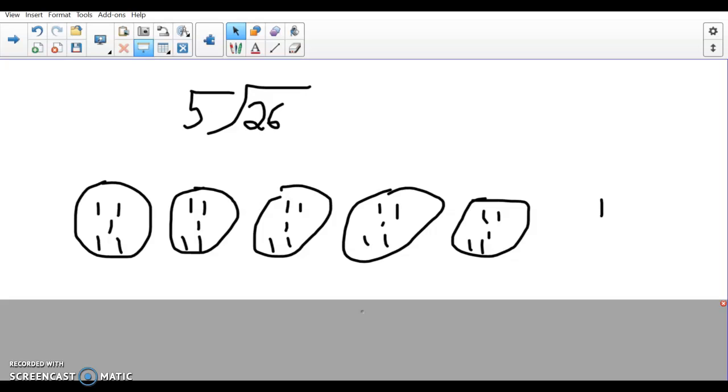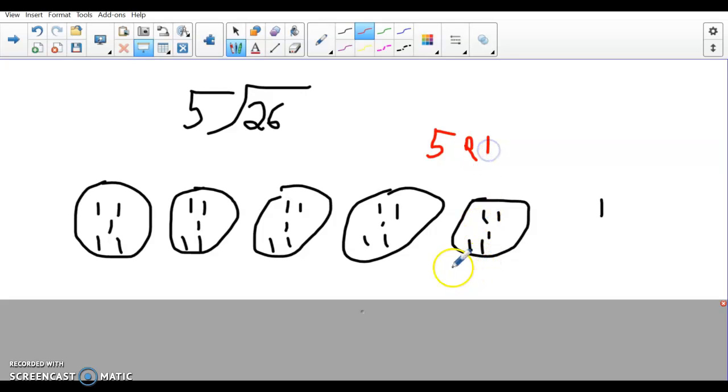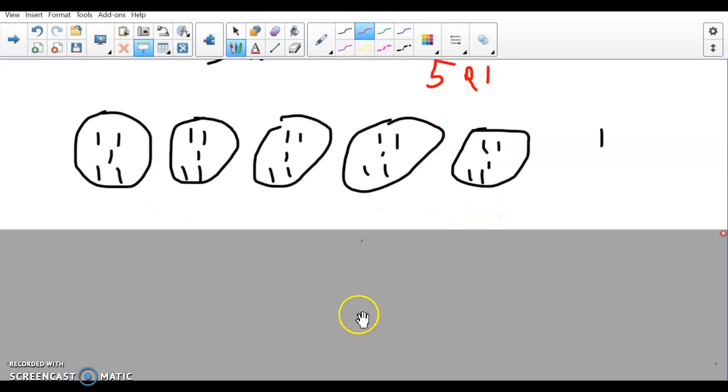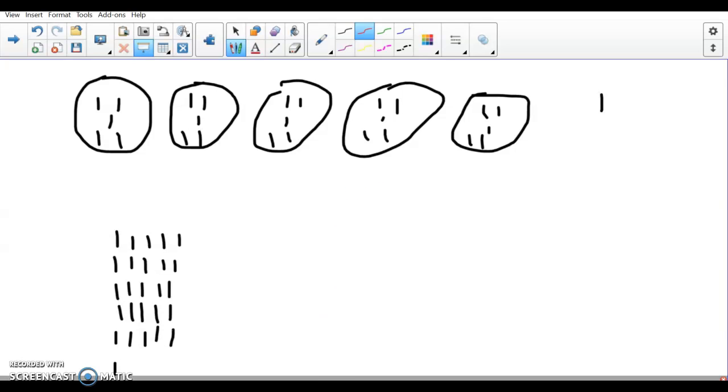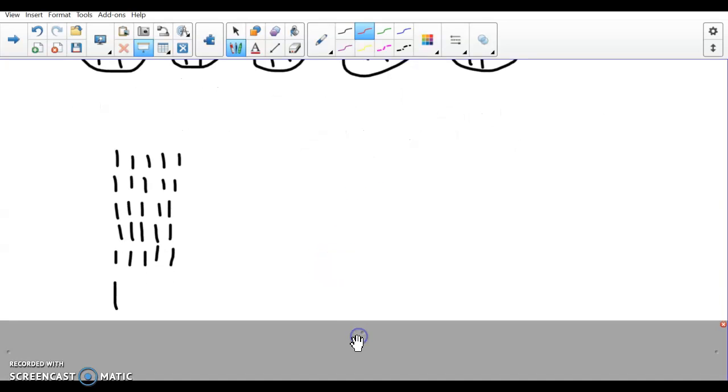If we think of this as the Skittle problem, like we've done earlier, if you had 26 Skittles shared between 5 people, each person is going to get 5 Skittles, and there's going to be 1 left over, and we'd write that as 5 remainder 1.